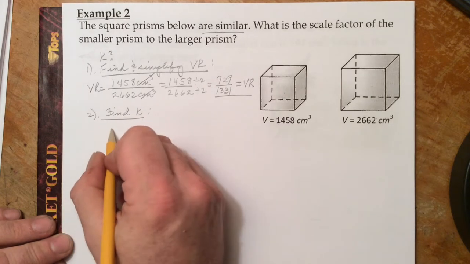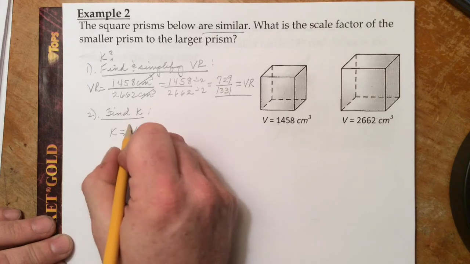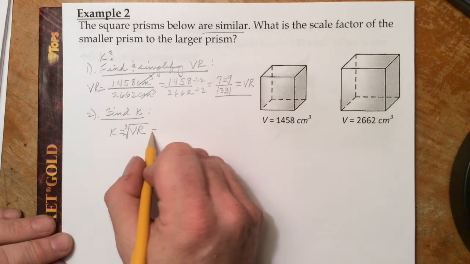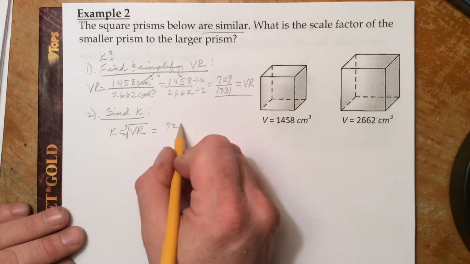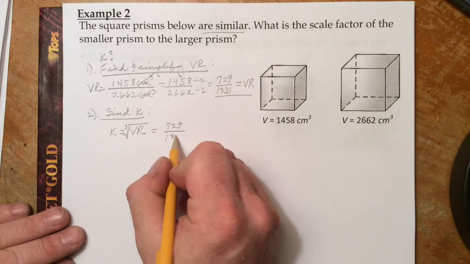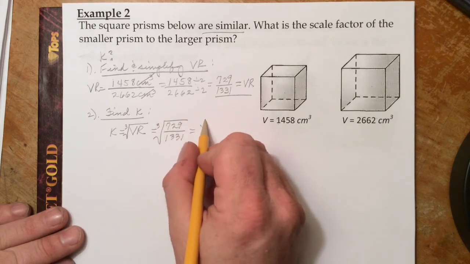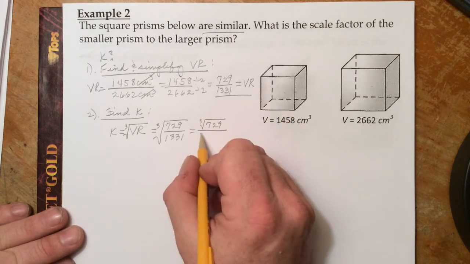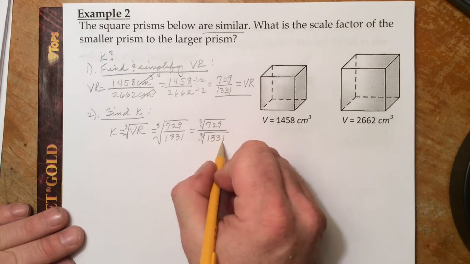To find K, we take, as I said earlier, the volume ratio and take the cube root of it. That'll get us back to K. So we take the volume ratio that we have after we simplified, 729 to 1,331, and take the cube root, which means we take the cube root of the top number, the numerator, in the first term, and we take the cube root of the second term, or denominator.